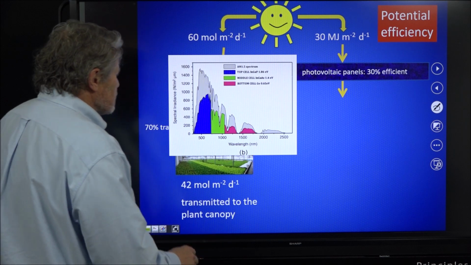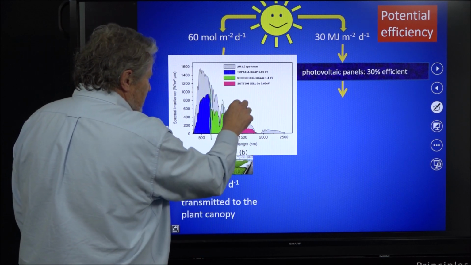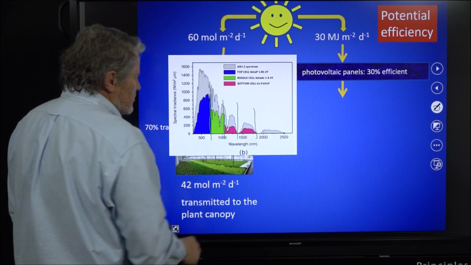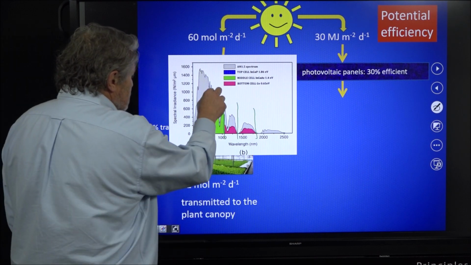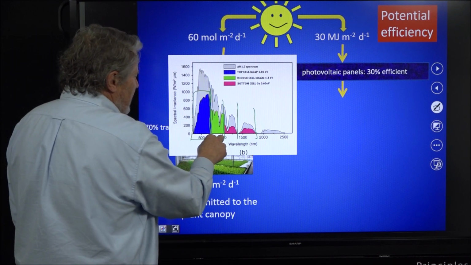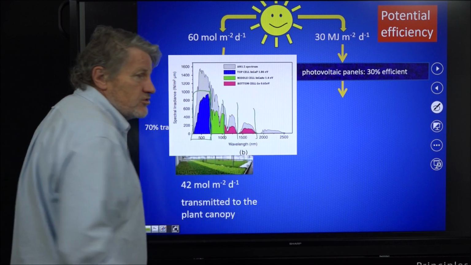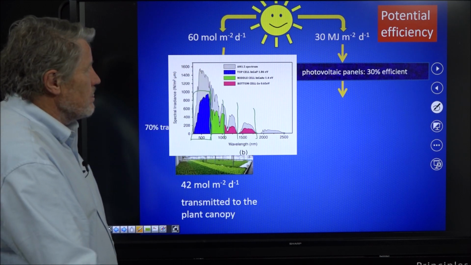And the reason they're so efficient is they can use energy out here in shortwave energy by layering cells that photosynthesis can't use. Photosynthesis uses this part of the curve, and solar panels, by layering them, can use these low energy near infrared photons, so they get to 30%.